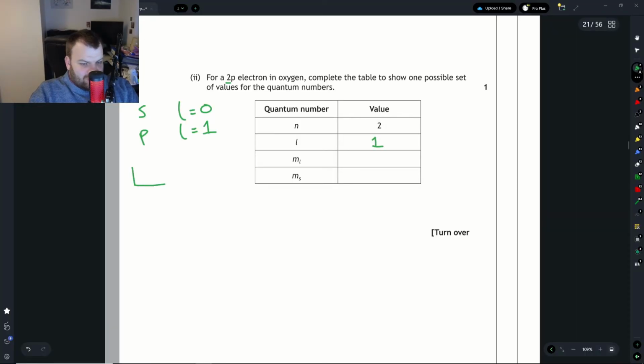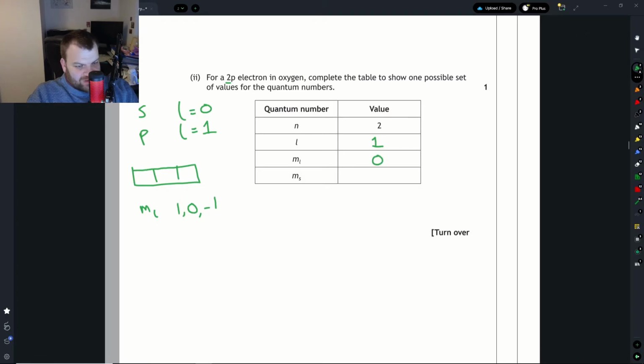In a p shell, we've got 3 possibilities. And that means for our ML, it ranges from minus L to positive L. What that means is we could have either 1, 0, or minus 1. And we get to pick which one we're going to do. I'm just going to go for 0 right in the middle.